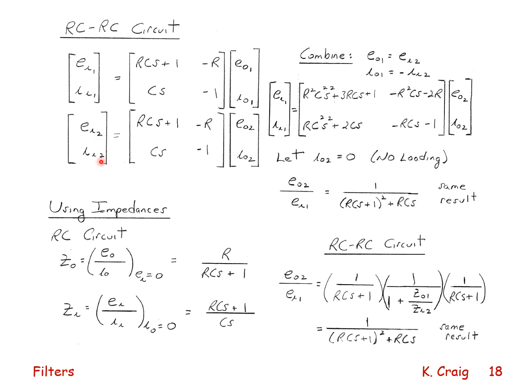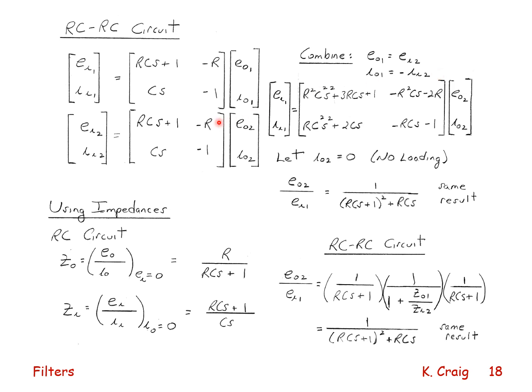This is the voltage and current output for the downstream RC filter, since I recognize that E out 1 equals E in 2, I out 1 equals minus I in 2, just by the sign convention I've used.